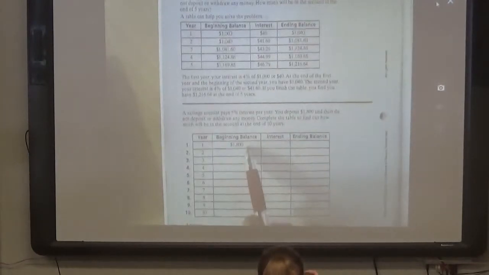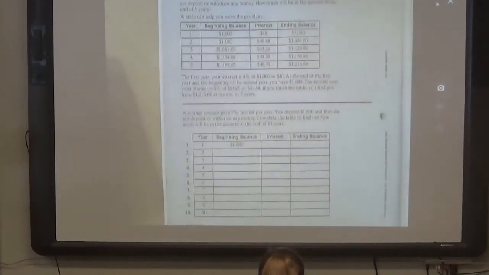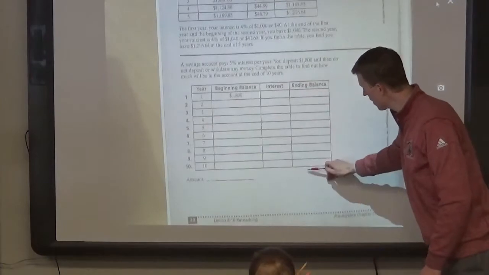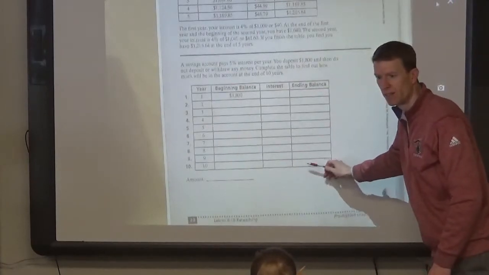You deposit $1,800, and then do not deposit or withdraw any other money. So we're only going to get paid interest. We're just going to leave that money there over 10 years and see what our balance is at the end.